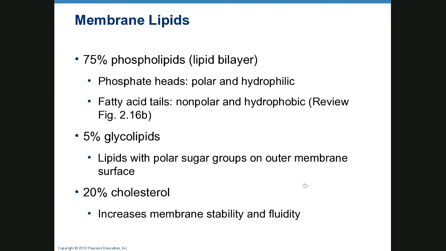We have the polar head, and they're polar, and we also have glycolipids that make markers on the outside surface, as well as cholesterol, which is there for stability and fluidity.